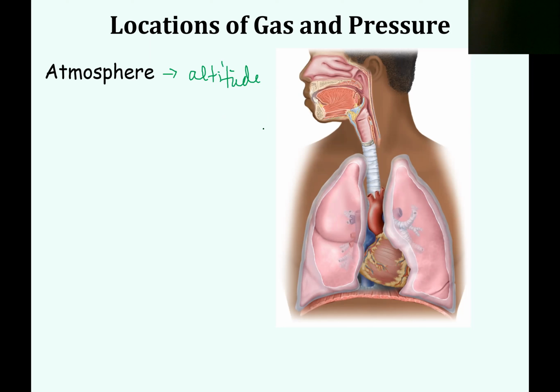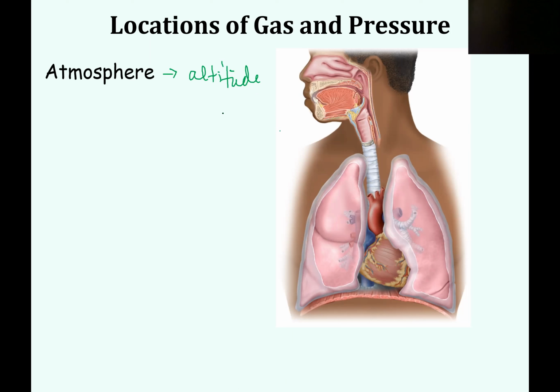Another thing, the reason people get sucked out of airplanes if there's a hole in the airplane is because the pressure inside is higher than the pressure outside. The universe wants to even that out. So, just like popping a balloon, when you poke a hole in the balloon, you're going to have the pressure inside the balloon make contact with the pressure outside. So it's going to tear a hole.